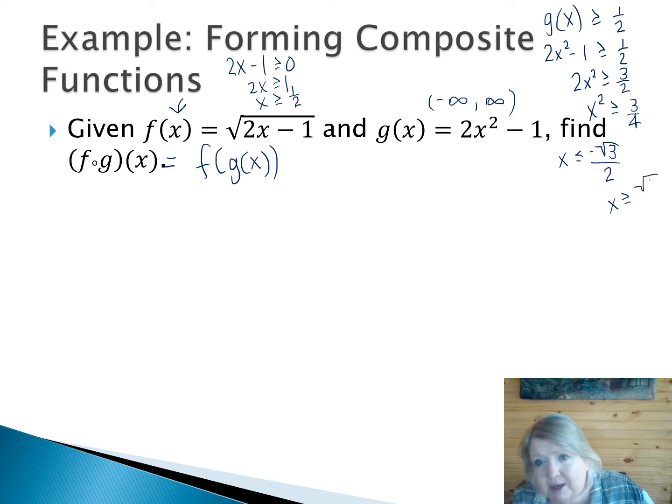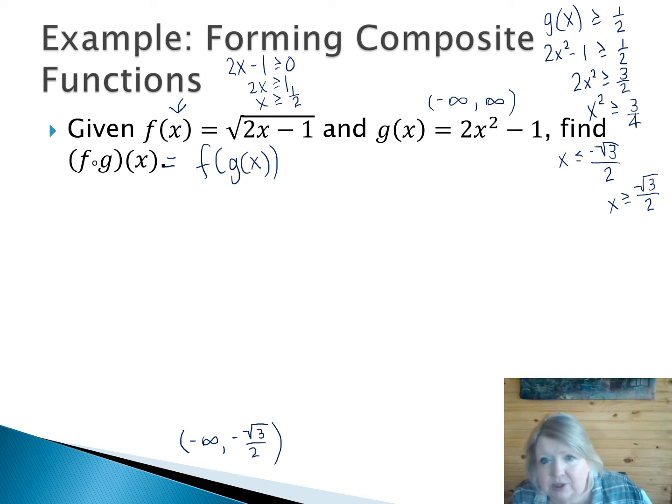So that's going to be a positive square root of 3 over 2. I can take the square root of 4. I can't take the square root of 3, so I just leave it under the radical. So my domain, and this is going to be interesting here in a minute for some of you, is going to be negative infinity up to negative square root of 3 over 2.